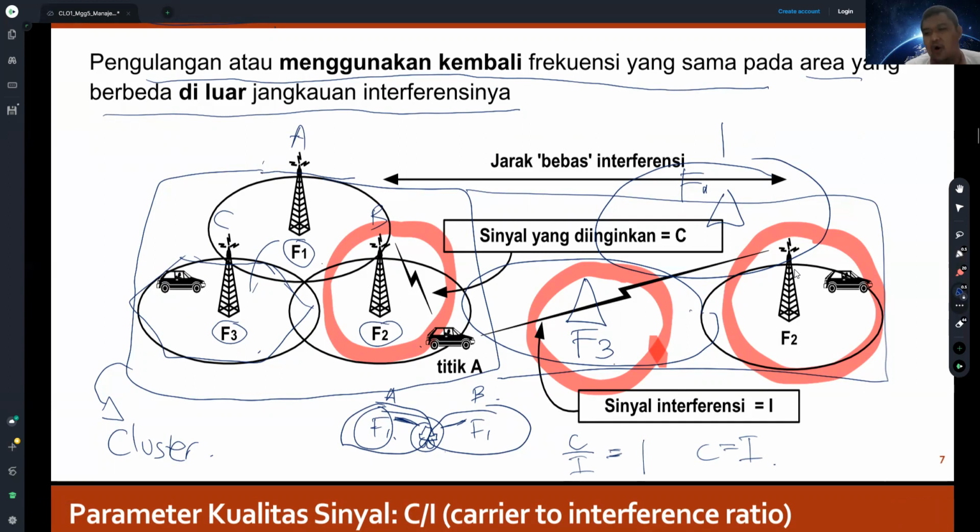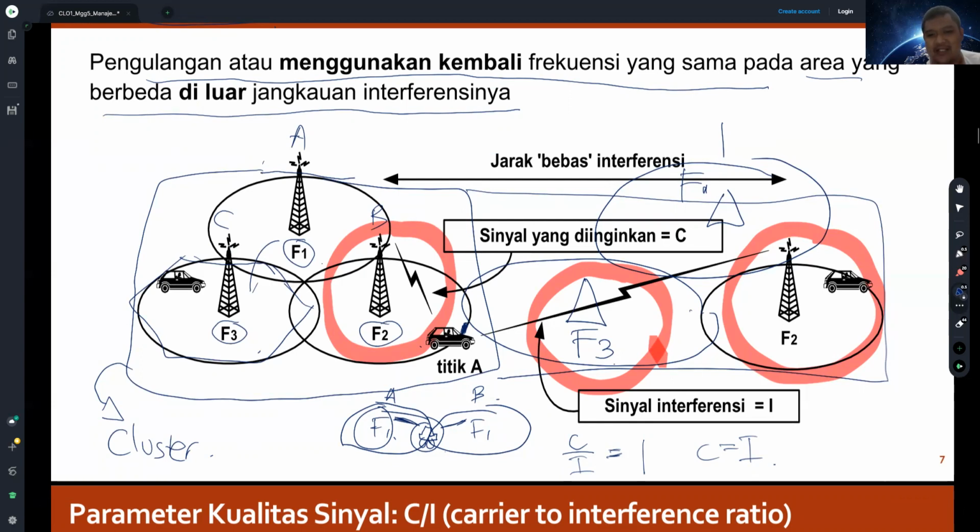That's why, in order to avoid that, we have to put the towers that have the same frequency not adjacent to each other, but separated by other cells. That way, if the user is on the boundary of the cell, even though it is very far from the initial tower, the distance from the second tower that has the same frequency will be much higher.